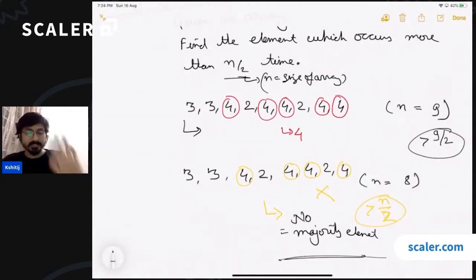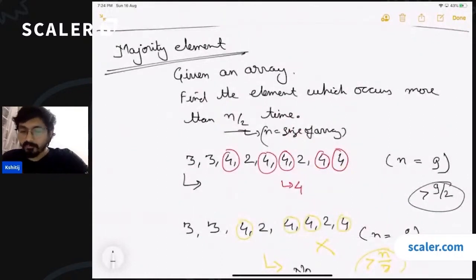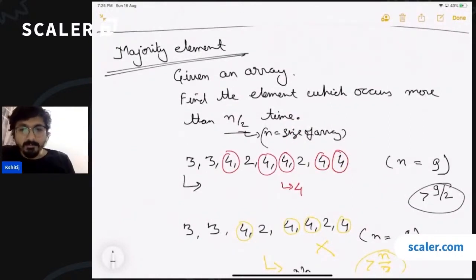Is the problem clear to everyone? What would be a brute force way to solve this problem? What if two elements are majority elements in the same array? Guys, that is a very interesting question that Satyam has asked.